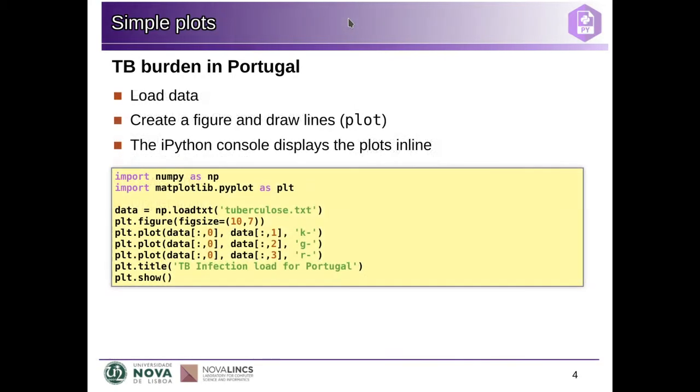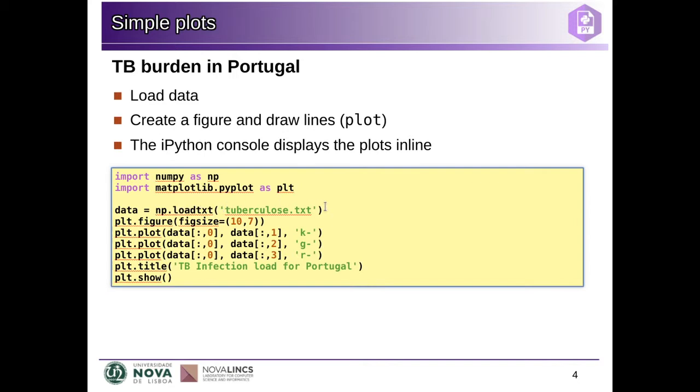So the first thing we need to do is to load this into memory, and we're going to load it directly into a NumPy matrix. This is very easy to do. If you have a text file that has numeric values, you can use the loadtxt function from NumPy.